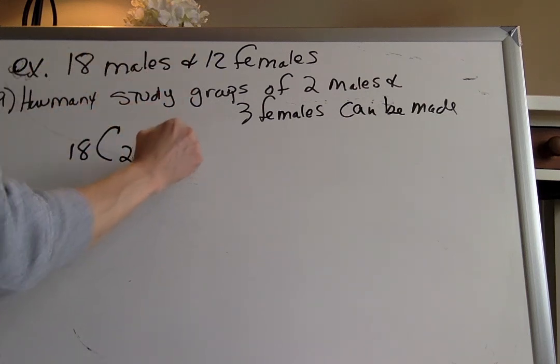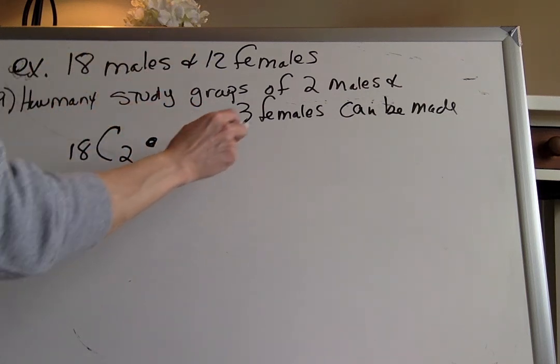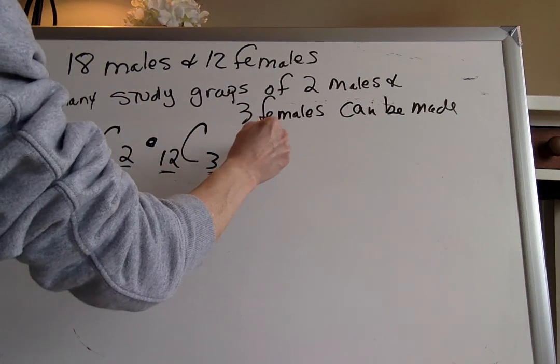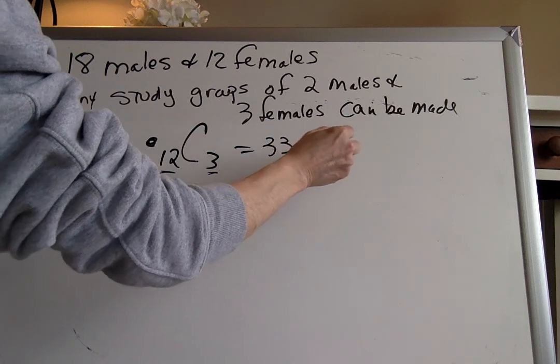So out of the 12 females, I have to pick 3. Now, if you're careful, the numbers on the outside, the first numbers, that should equal your 30 people total. And then we needed to have study groups of basically 5 people, the 2 plus 3. So that should give you 33,660.